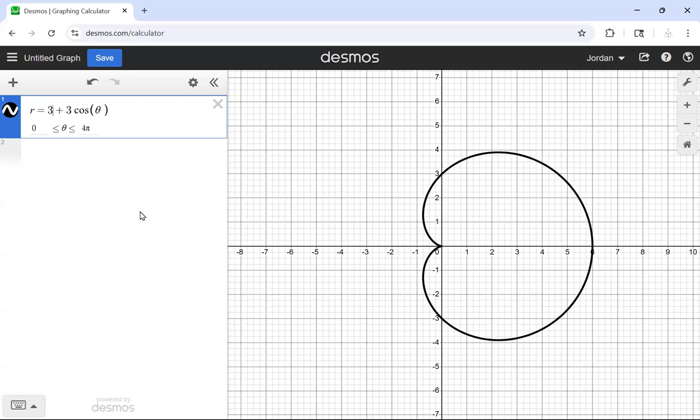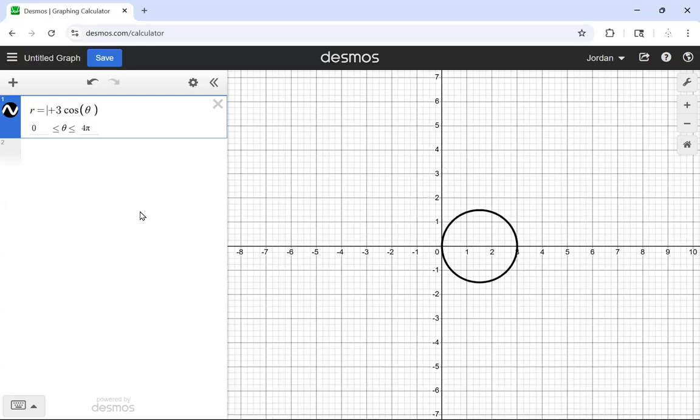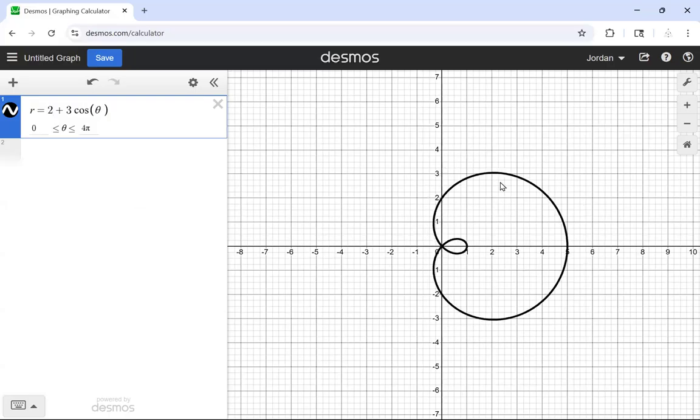When that constant starts getting smaller than 3, so for instance, when it gets to a 2, then it goes so far back that it starts looping around. So I get this thing with an inner loop in this case.